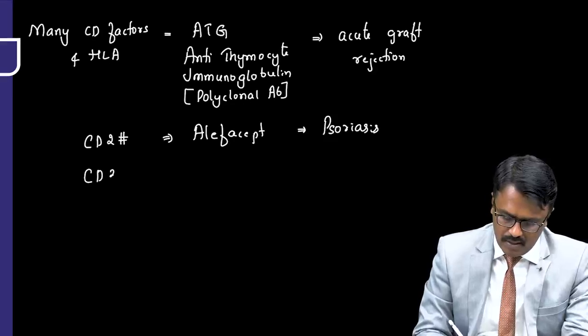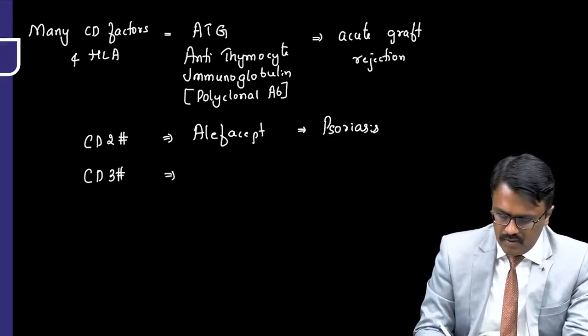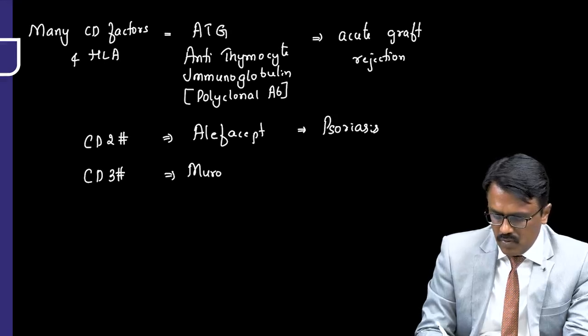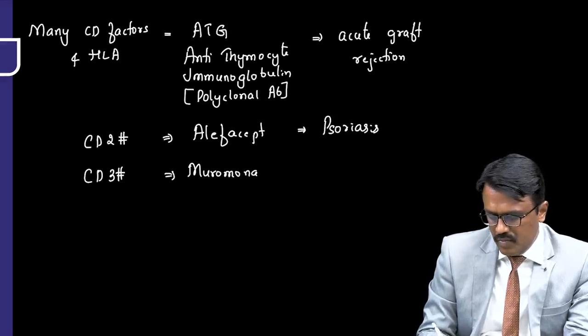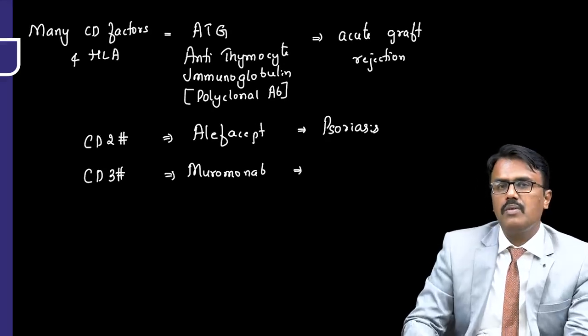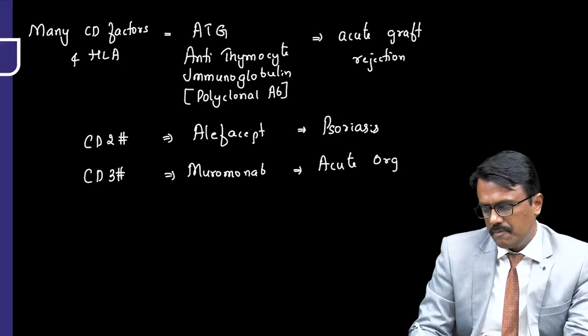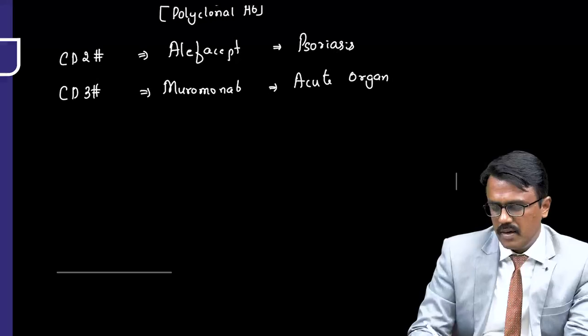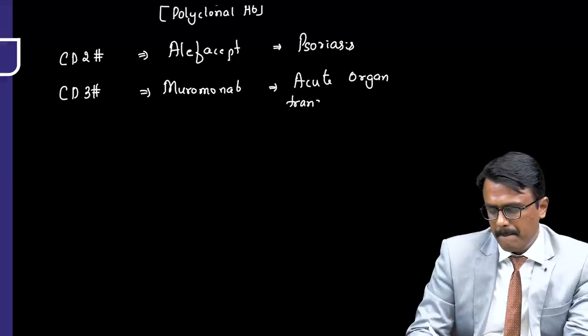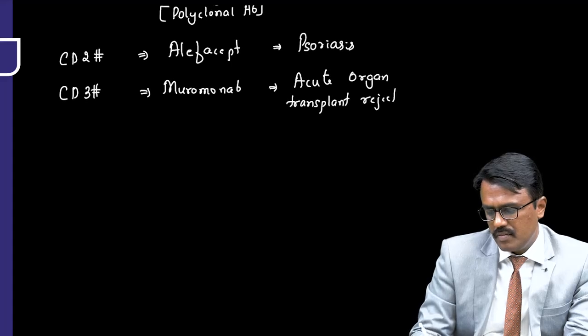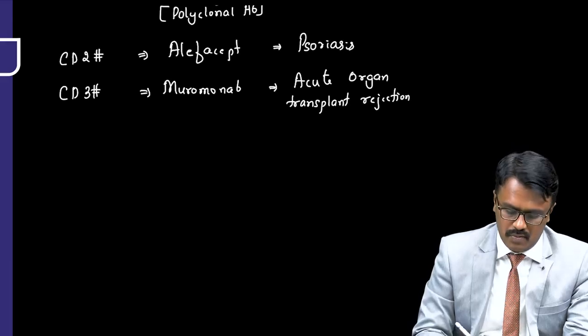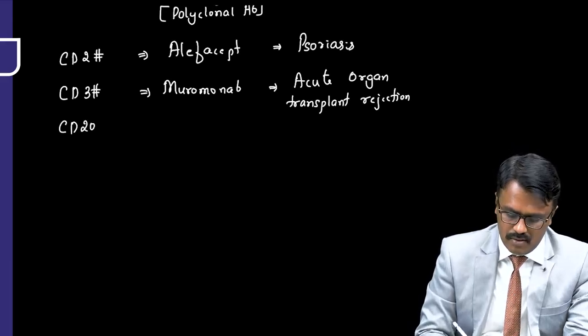Now the CD3 blocker, which we have discussed already, is called muromonab. Muromonab is used in acute organ transplant rejection. Now what about the CD20 blocker?